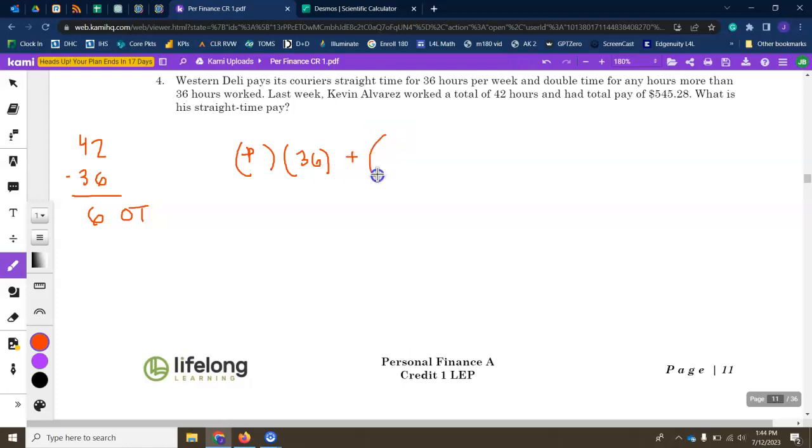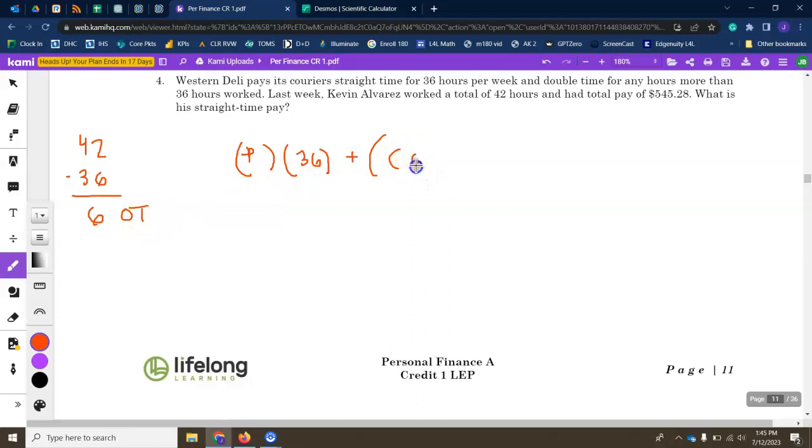To that we will add, and I did double parentheses again to indicate to our graphing calculator or scientific calculator, such as Desmos, that we are calculating two separate things to combine later on. And we are going to multiply that by OT.